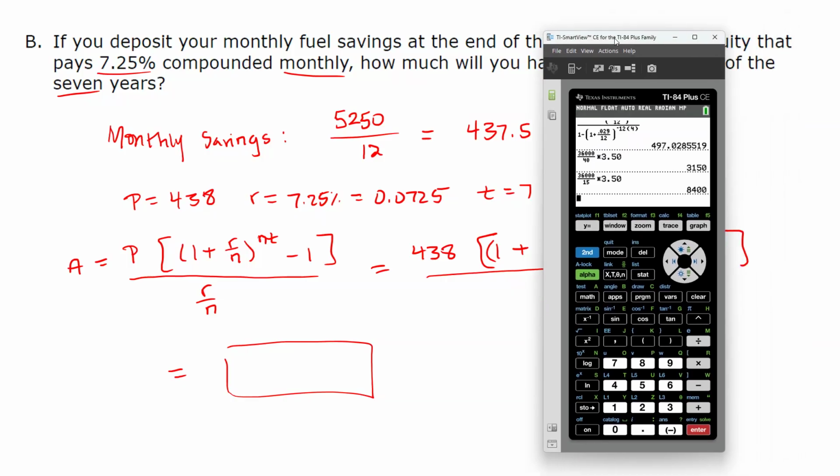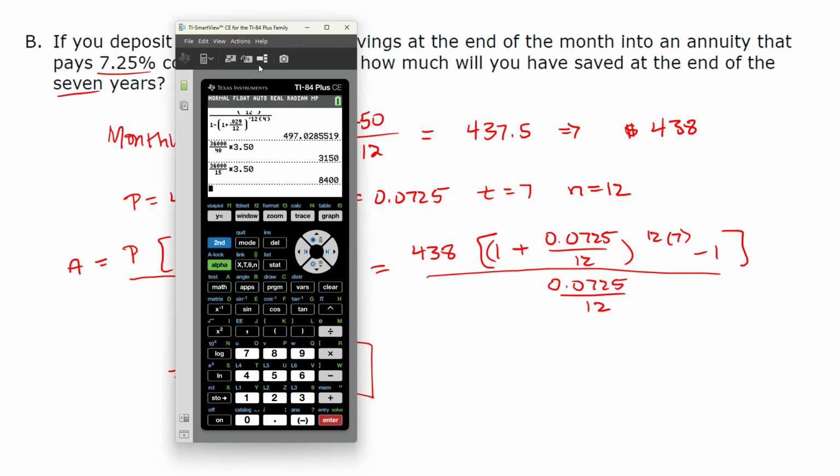All right, so let's move this over. Okay, so 438, I need 2 parentheses, 1 plus, need another fraction, 0.0725, denominator is 12, raised to the exponent 12 times 7. And then I need to subtract 1 and then close the parentheses.